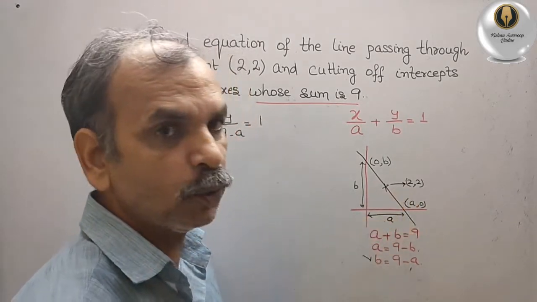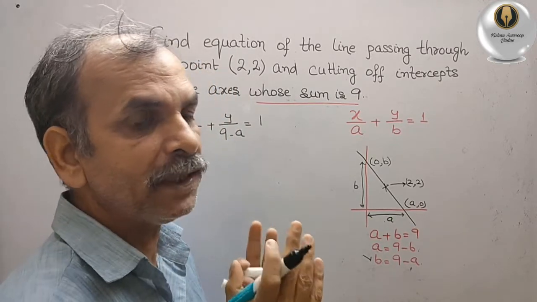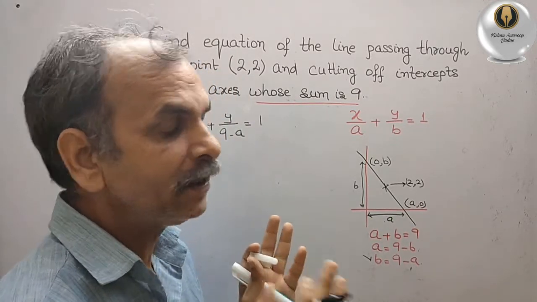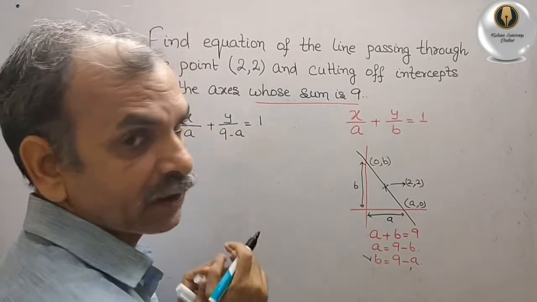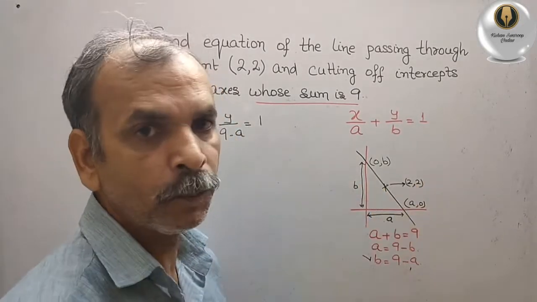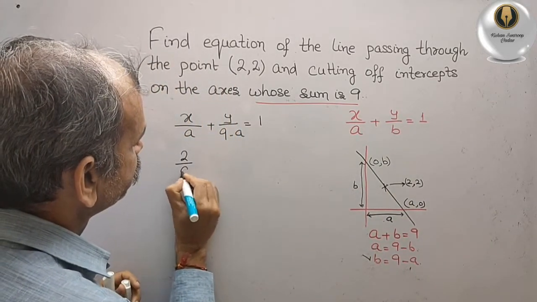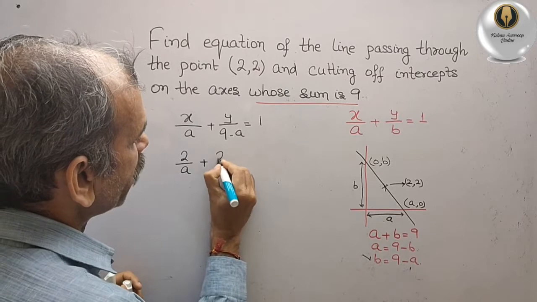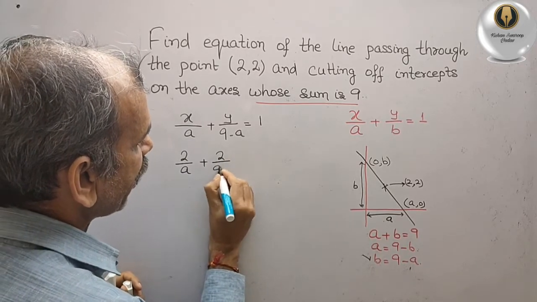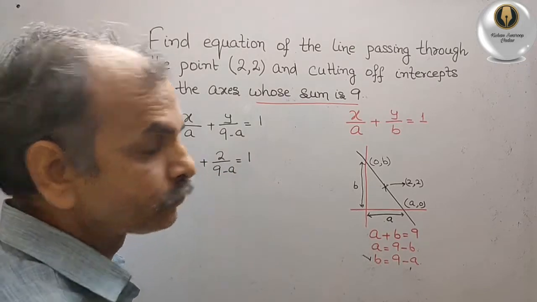If (2, 2) is passing through that point, that means it satisfies this equation. That means instead of x and y you will put 2, 2. So you will get 2/A plus 2/(9 minus A) equal to 1.